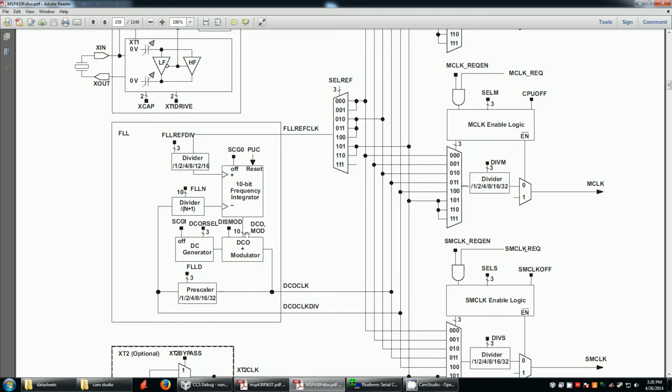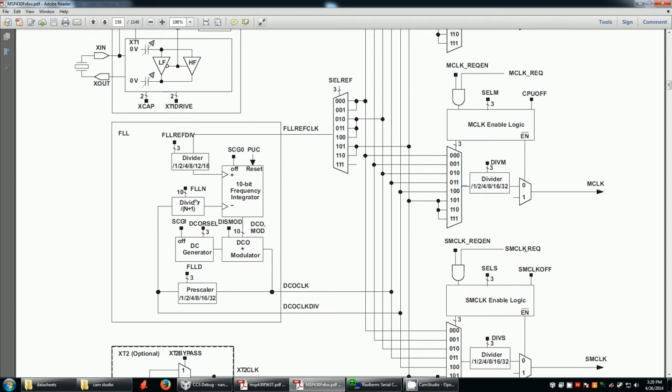So the integrator will constantly output a DCO frequency that, we'll say this is just 1, and then this is 512, and so it'll constantly output a DCO frequency that's 512 times this 32 kilohertz, because after this DCO clock comes in here, it gets divided by 512, it's now the same 32,768 hertz signal.